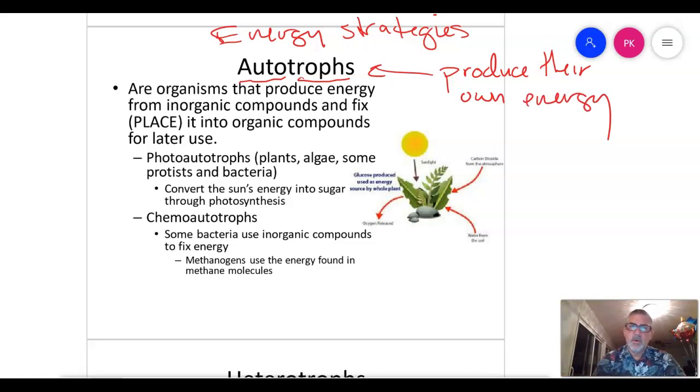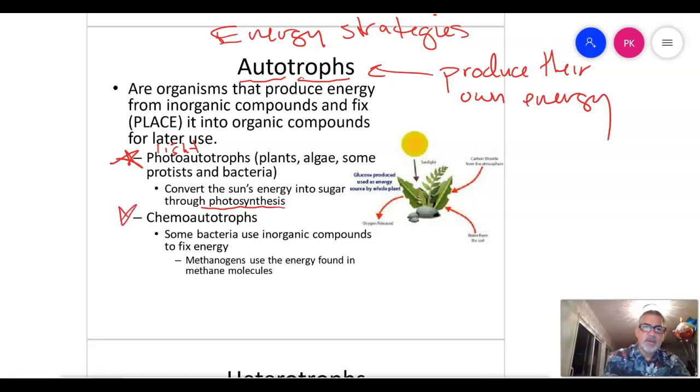You're most familiar with photoautotrophs. Photo means light. So they use light to produce energy. So a photoautotroph produces through photosynthesis. That's what we're most familiar with.